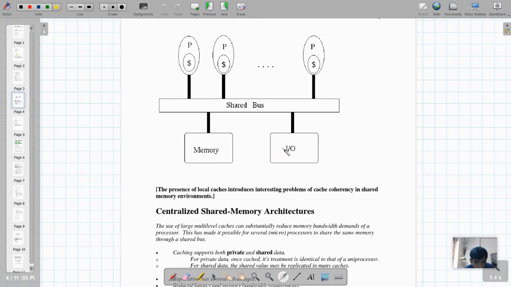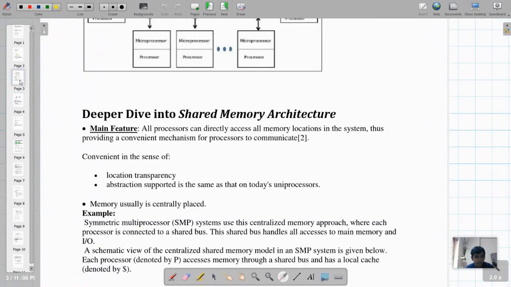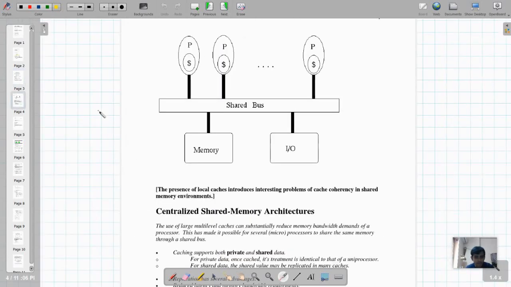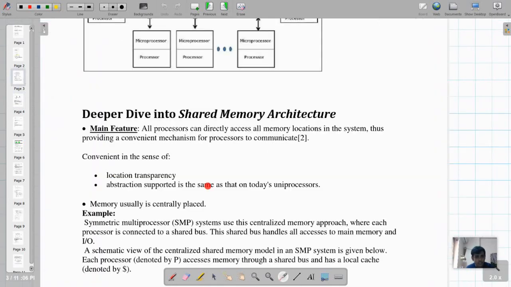Now, what goes on here? These different processors have equal access to the memory uniformly through the shared bus and to the peripherals, as we have said about location transparency.